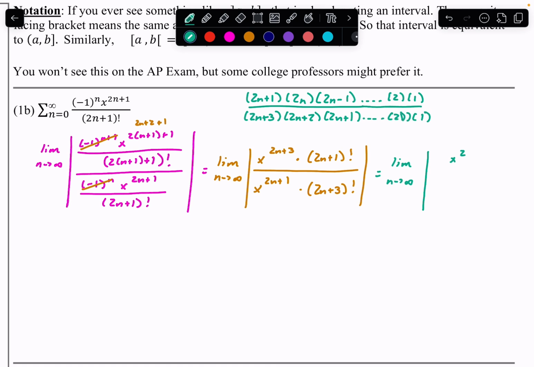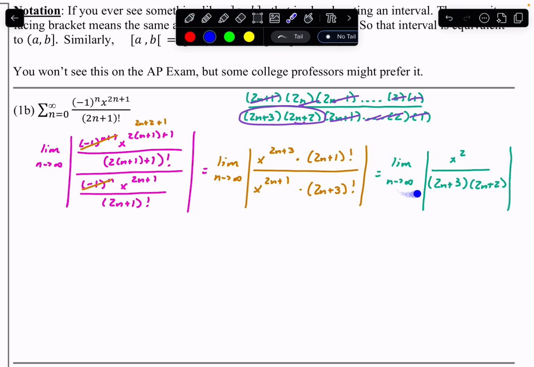So I've got 2n plus 1, and then my 2n's would cancel all the way down. This is all I have left. So I've got 2n plus 2, plus 3, and 2n plus 2. Now remember, this is a limit as n goes to infinity.